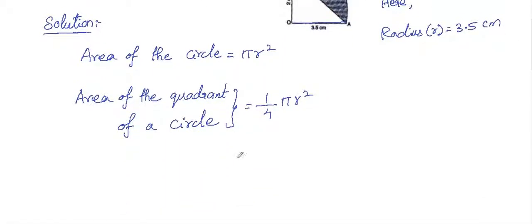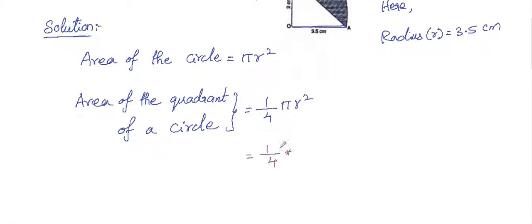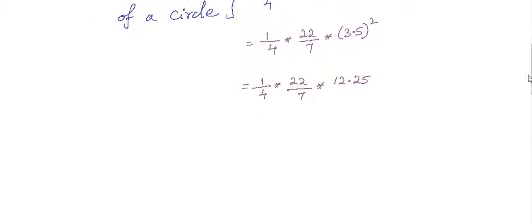If we substitute r equals 3.5, we get 1/4 into pi, where we consider the value of pi as 22/7, into 3.5 whole square. So 1/4 into 22/7 into 3.5 whole square, where 3.5 square becomes 12.25.